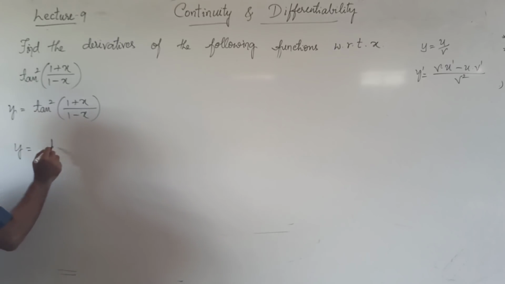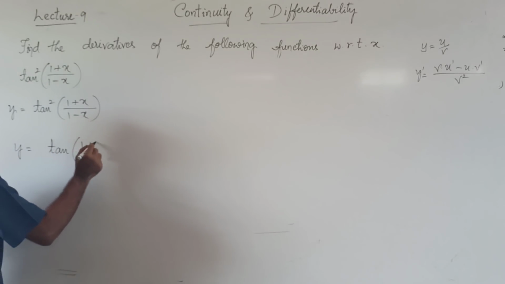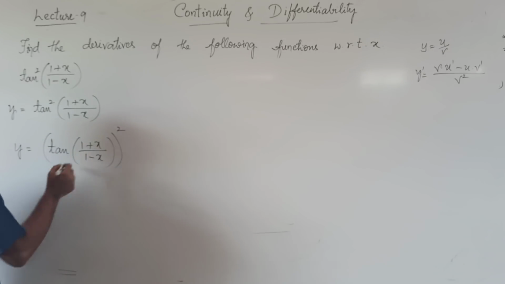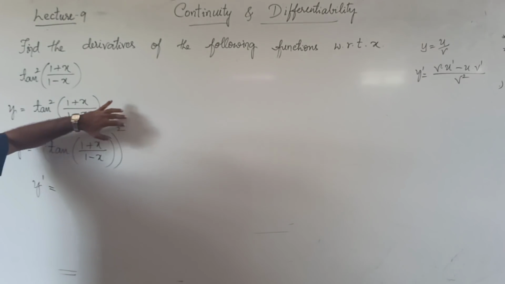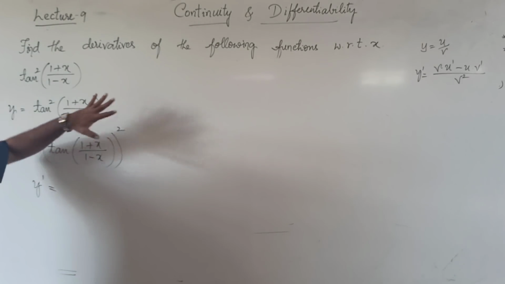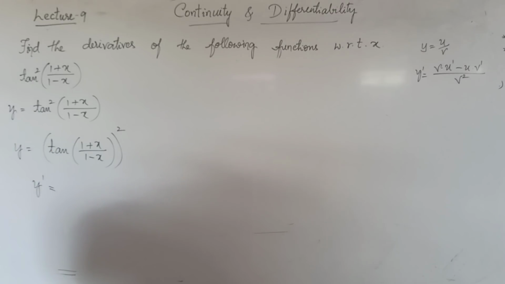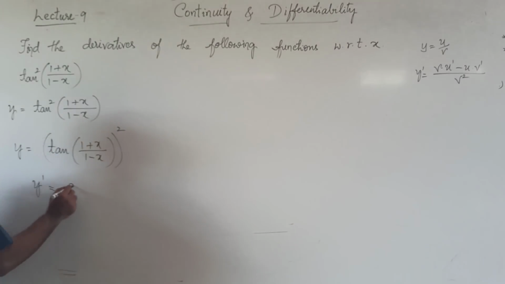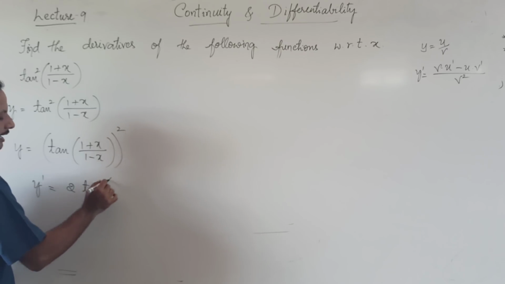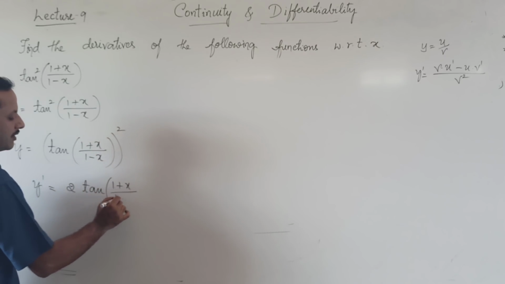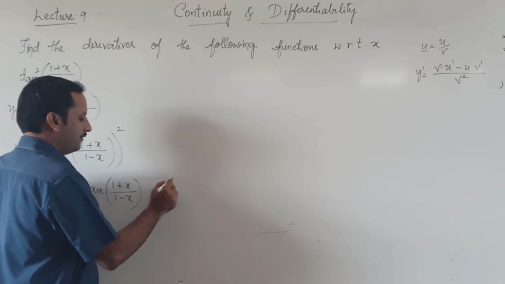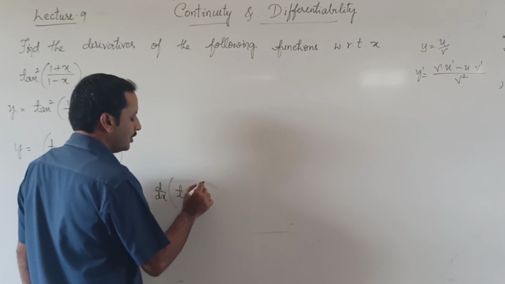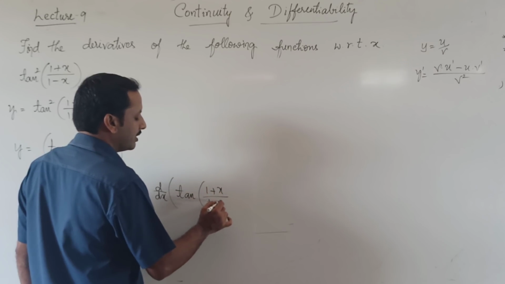So this can be written as tan of (1 plus x by 1 minus x) whole square. So this looks like tan x whole square, in other words, x square. What is the derivative of x square? 2x. So we get 2 tan (1 plus x by 1 minus x) into the derivative of tan (1 plus x by 1 minus x).